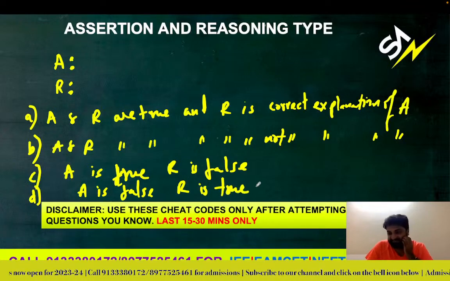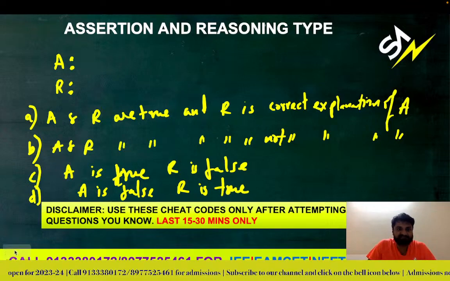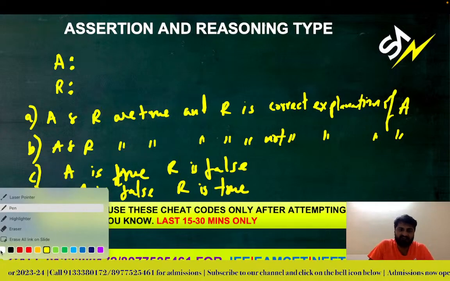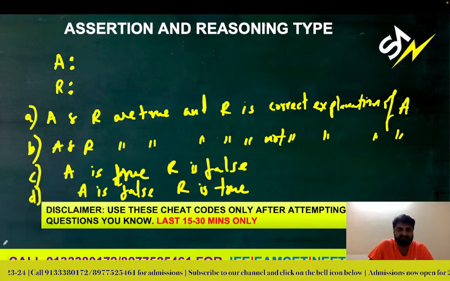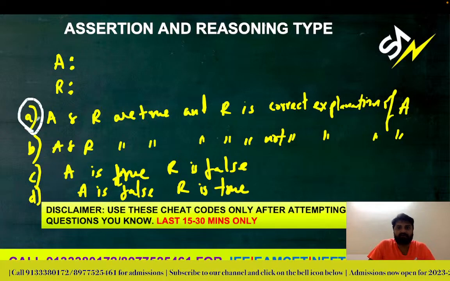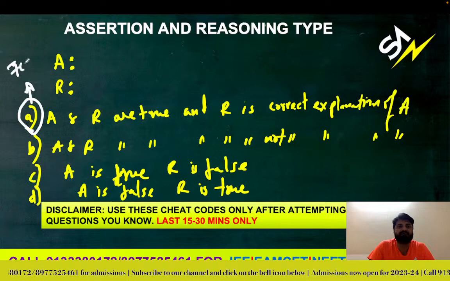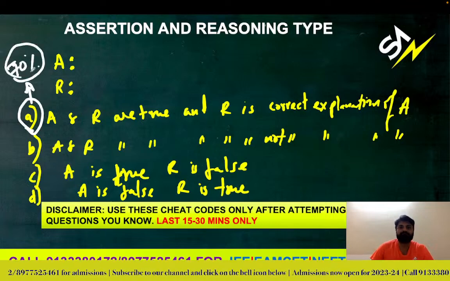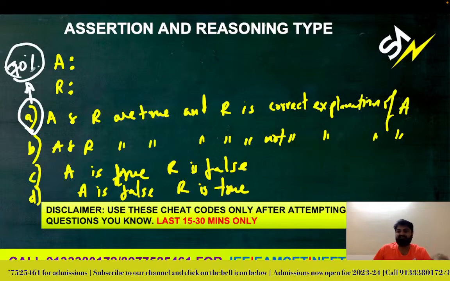So in this, according to the last 10 years analysis, A and R are true, R is the correct explanation of A, is the correct option 70% of the times.